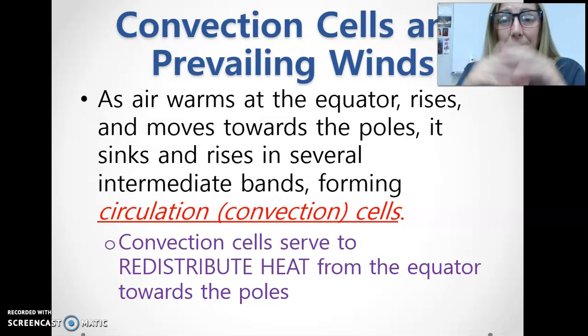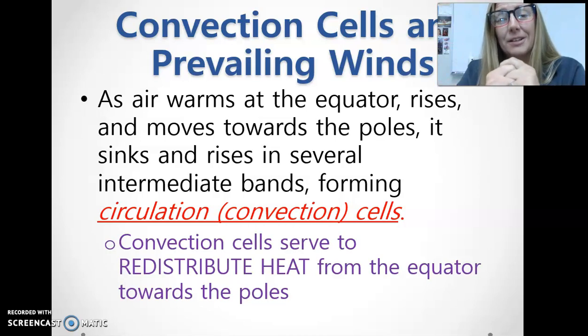Whereas at the poles, because of the curvature of the Earth, the sunlight is hitting at more of an oblique angle, and it's not warming as much at the poles. So the heat that's being received at the equator then flows towards the poles. And that's what a convection cell is.